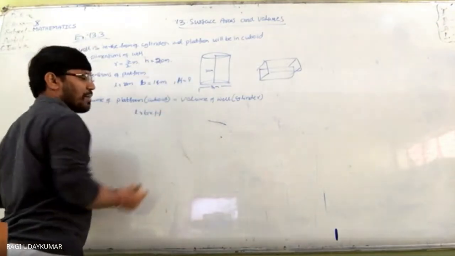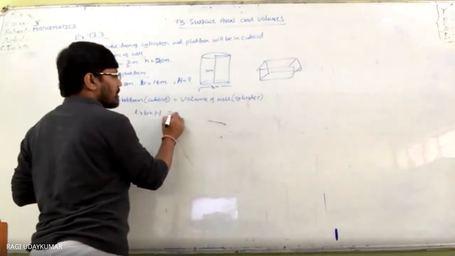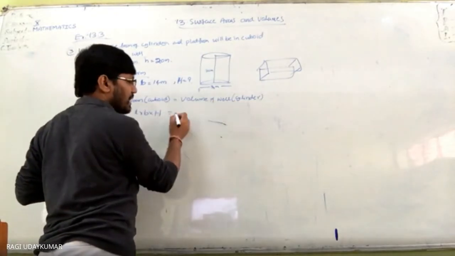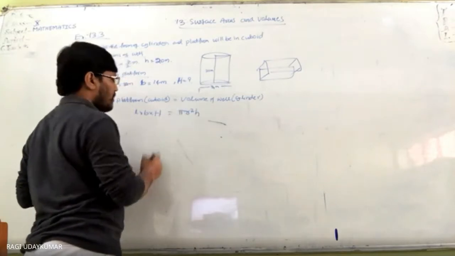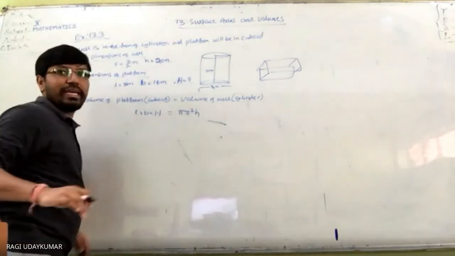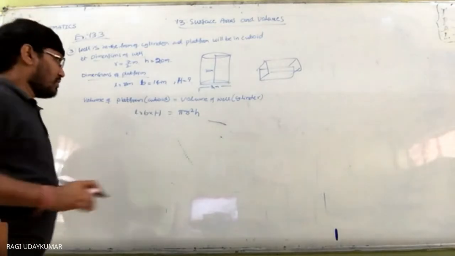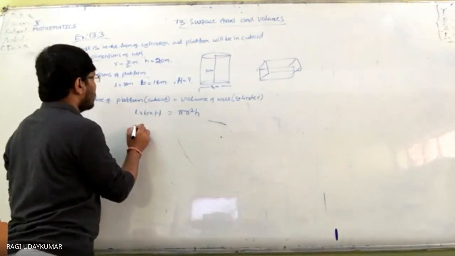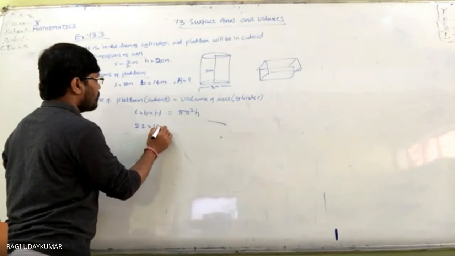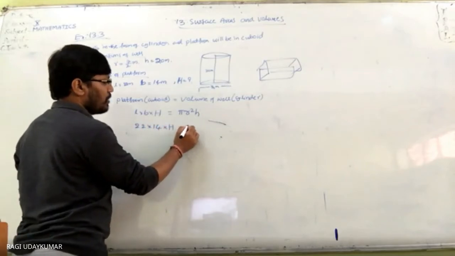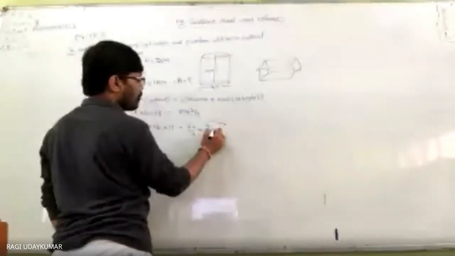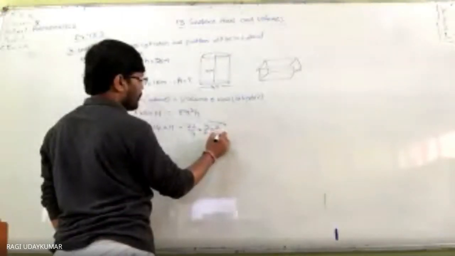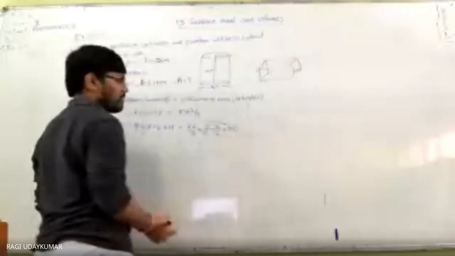Let us assume this is capital H, is equal to value of the cylinder, pi r square h. So pi value to be taken as 22 by 7. So length is 22, breadth is 14, and height we need to find out. Pi value 22 by 7. The radius is equal to 7 by 2 into 7 by 2, and height is equal to 20 meters.